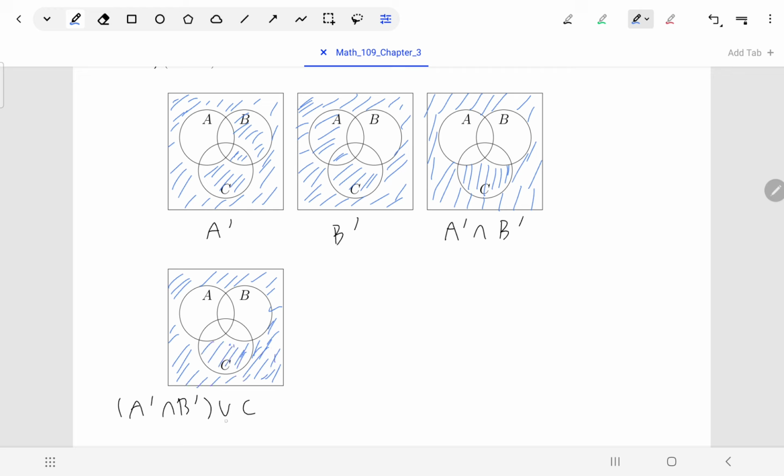And then we'll also need to shade in anybody who's inside of C. I've already shaded some of it, so there's only a few other things to add in. So looks like there's 5 regions in total where you're inside of C or you're inside of A complement intersect B complement.